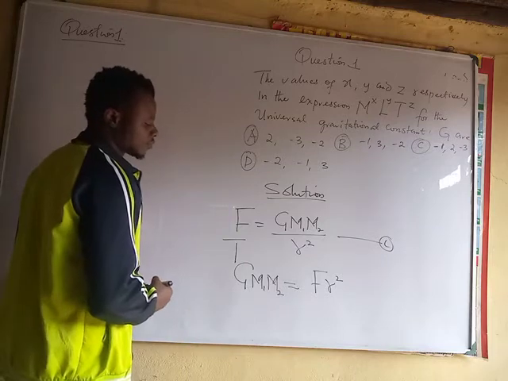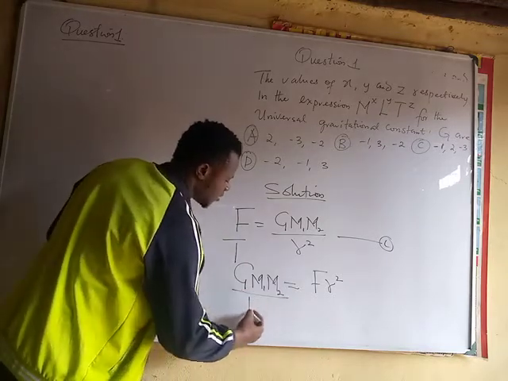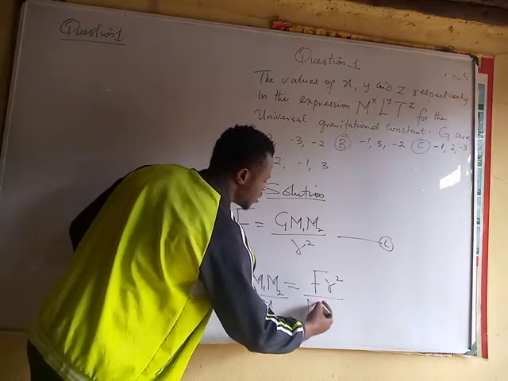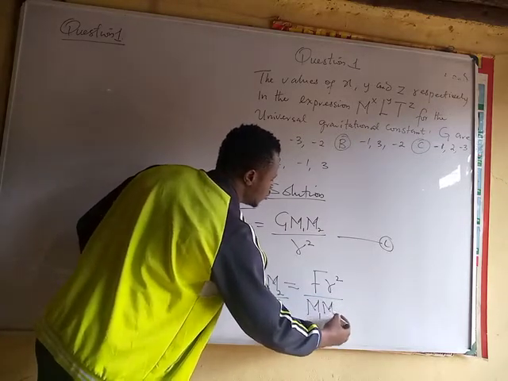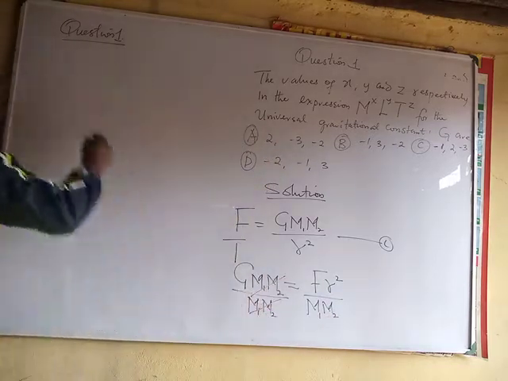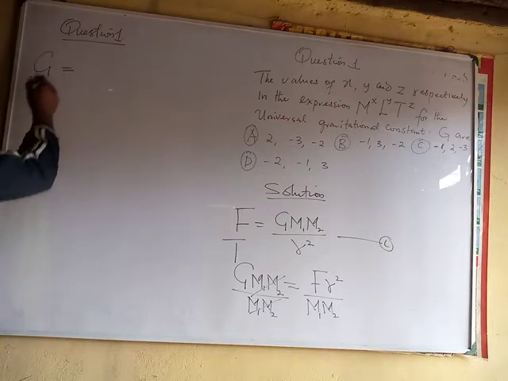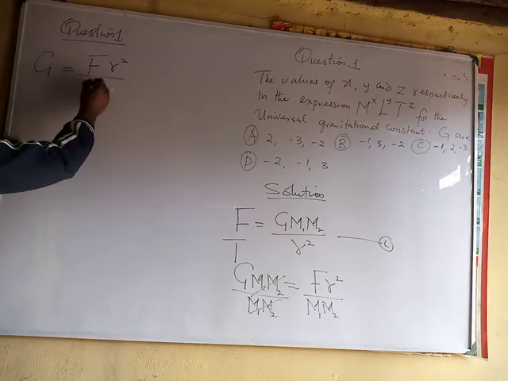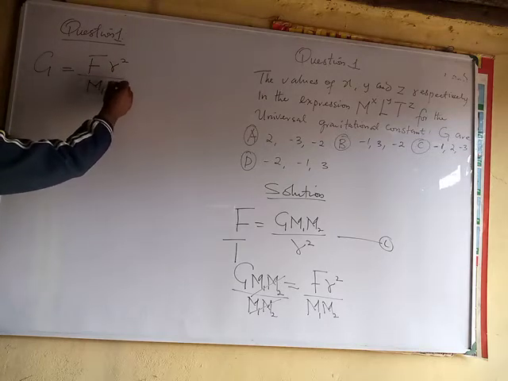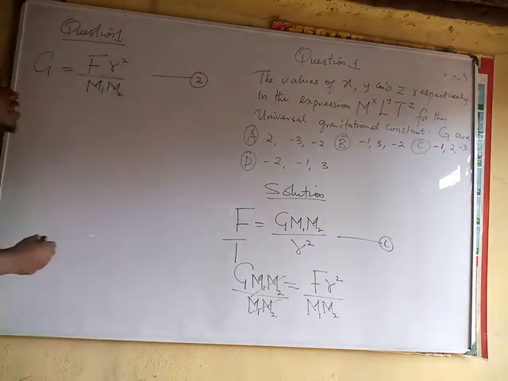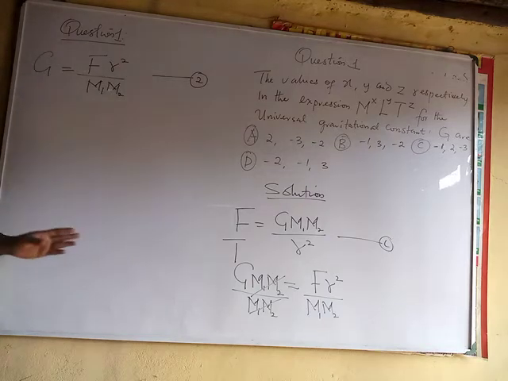So if I divide here by m1 m2 and I divide here by m1 m2, this cancels this. We are left with G is equal to F r squared over m1 m2. So this becomes equation 2. Now from this equation we are going to have our problems solved.